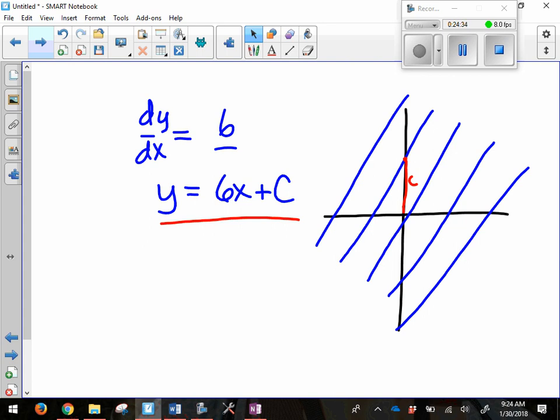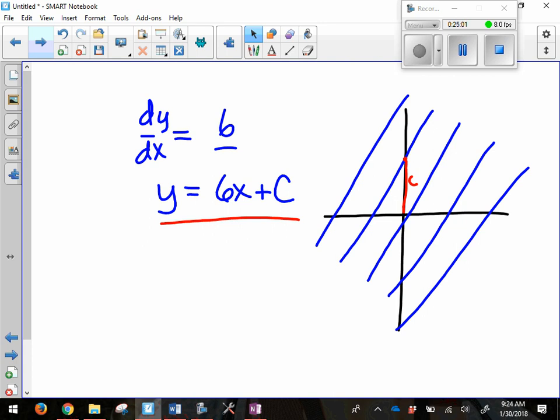Because I could pick any one of these lines and take the derivative and get the same answer. They tend to be parallel, because it would be the same thing if I had parabolas, if I had sine functions, no matter what I have. So this is a general solution. It's a family of solutions.